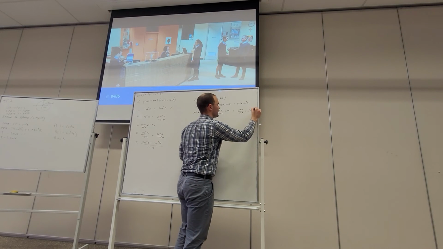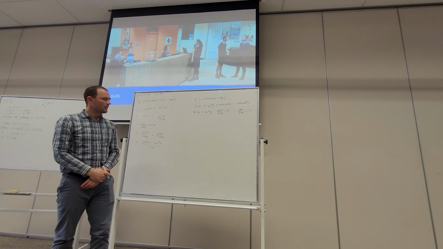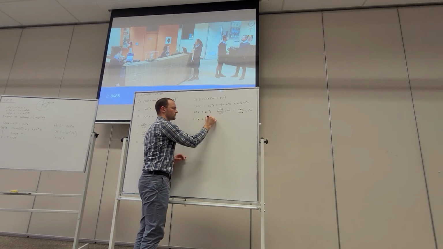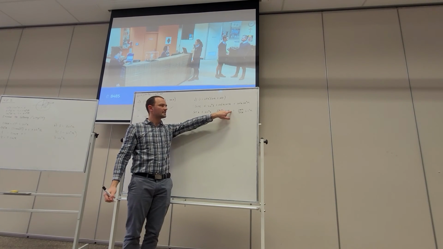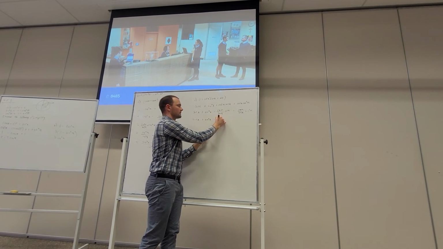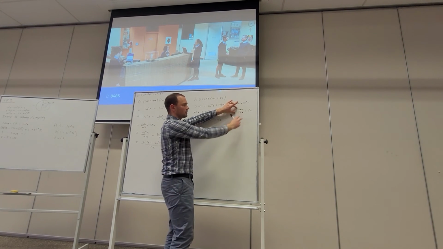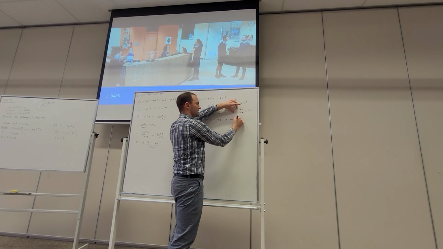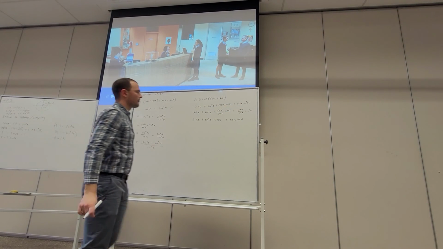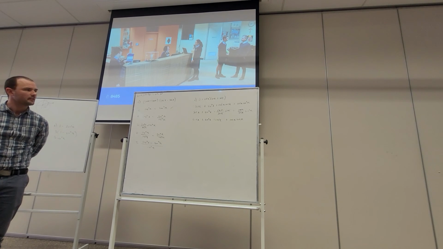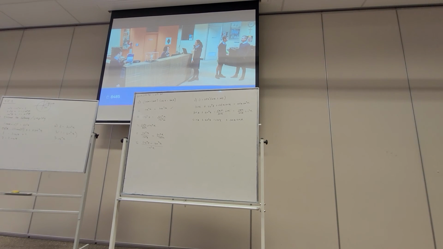Times sine squared of x. And then we'll just go through and simplify. So this remains. Here we've got sine x at the top and at the bottom, so that'll cancel, and we're left with plus cos of x. And here we've got sine squared x at the top and sine x at the bottom, so that simplifies to cos x sine x. And that's as simple as we can write it.